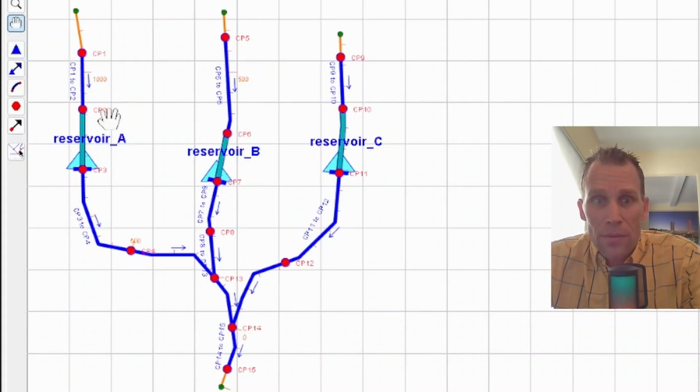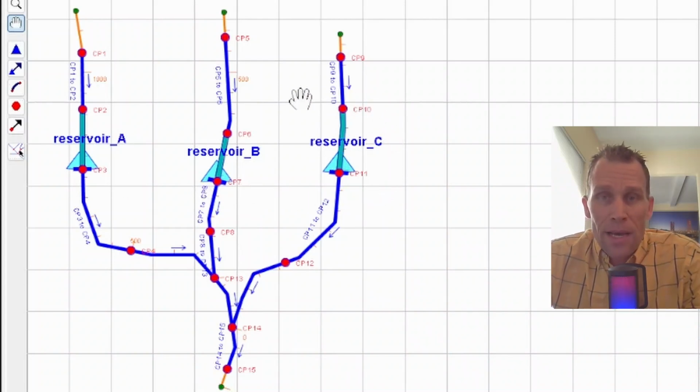The additional capacity in Reservoir A is 30,000 acre-feet. The additional capacity in Reservoir B is 20,000 acre-feet. And the additional capacity in Reservoir C is 10,000 acre-feet. So across all three reservoirs, there is a system capacity of 60,000 acre-feet.